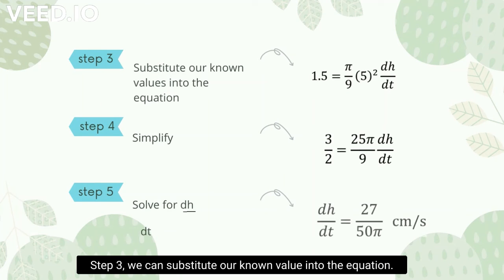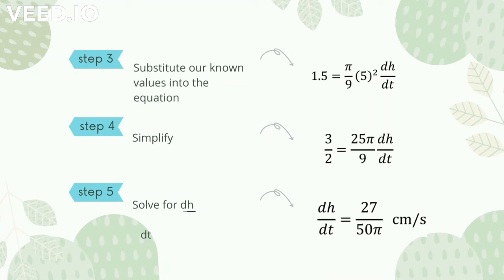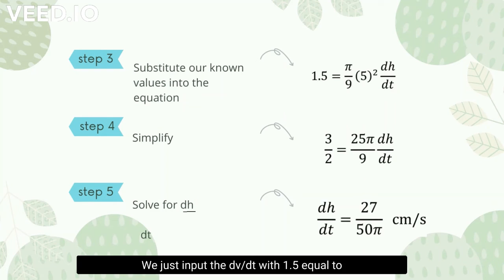Step 3, we can substitute our known value into the equation. We just input dV over dt as 1.5 equals pi over 9 and replace the height with 5 squared dh over dt.